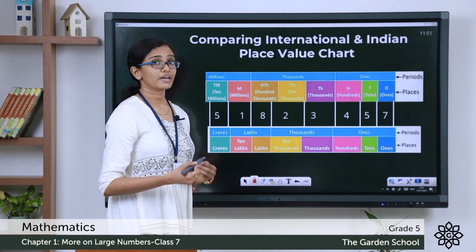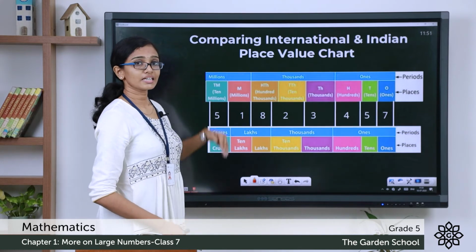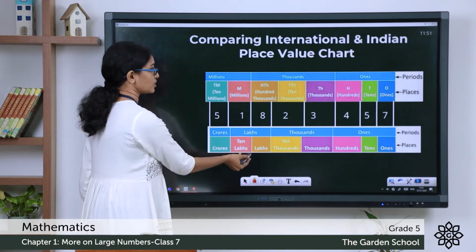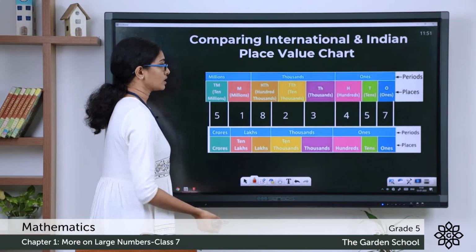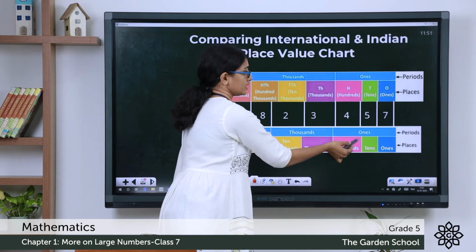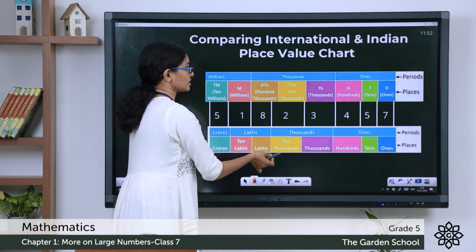Let's see how the place values are read differently in the Indian system and the international system with the same example. This is the Indian place value chart. This is the international place value chart. It is the same number. So here 7 ones, 5 tens, 4 hundreds, 3 thousands, 2 10,000s.